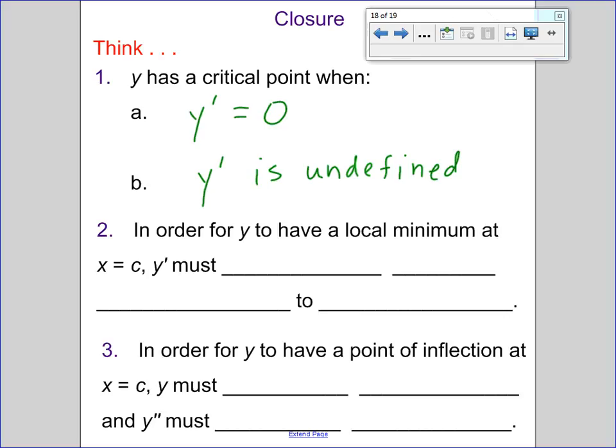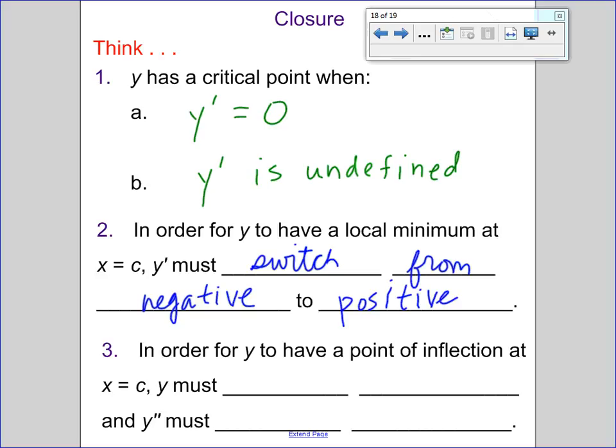In order for y to have a local minimum at x equals c, y prime must, Courtney? Switch signs from negative to positive. Good. Y prime's got to switch signs from negative specifically to positive.